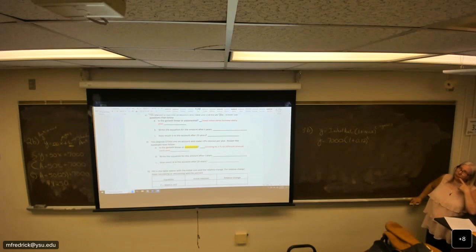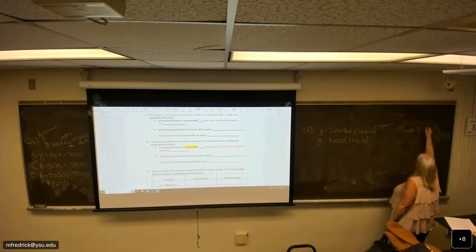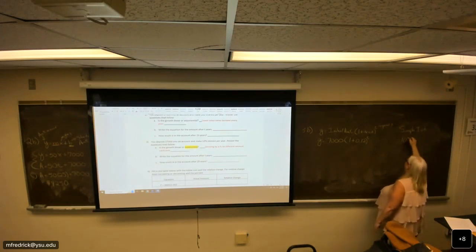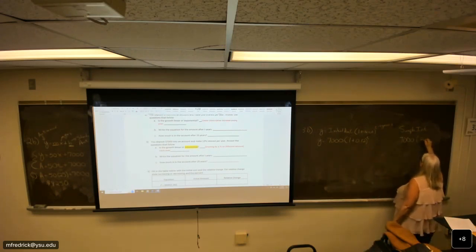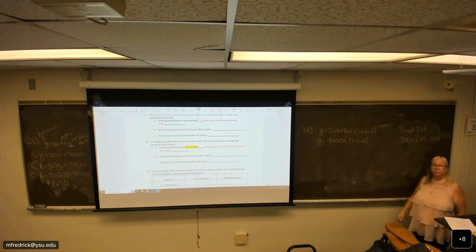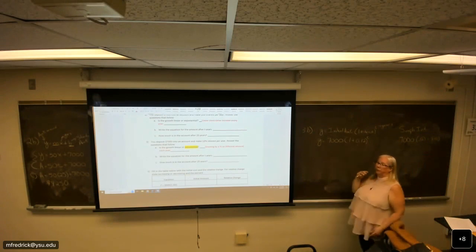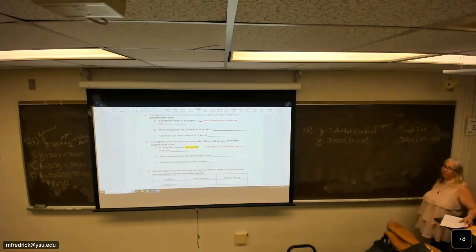Simple interest would be linear because they only give you the percent off of, in this case, the 7,000. So each year you only make 840. So yes, that would be linear, whereas compounded interest is what this would do because you're making interest off of the interest.